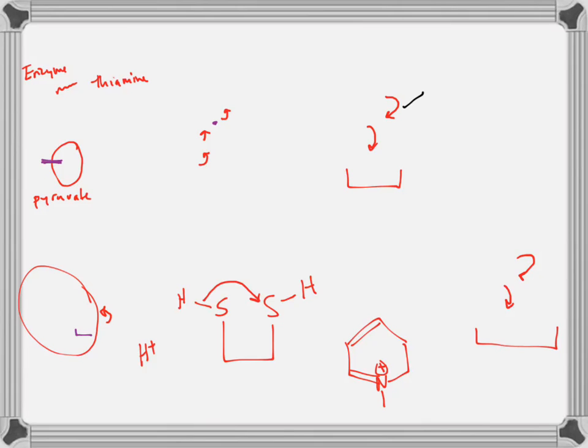So what will end up happening is it'll take those electrons with the hydrogen, attack that position of our NAD+, and we'll form our NADH. You see it? Yeah. Okay.